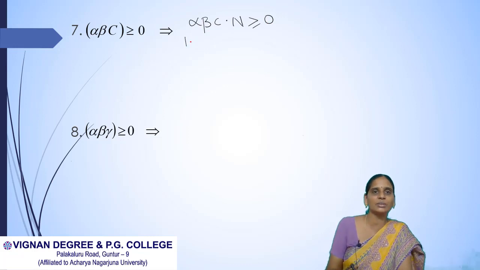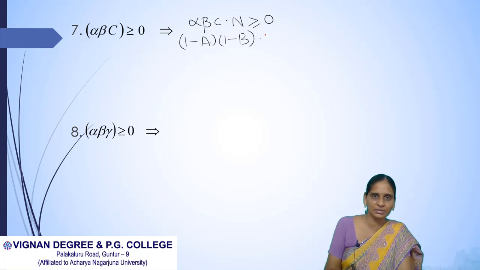Again, alpha can be written in the terms 1 minus A. Beta can be written in the operator 1 minus B into the letter C. I am writing as it is into N, which is greater than or equal to 0.